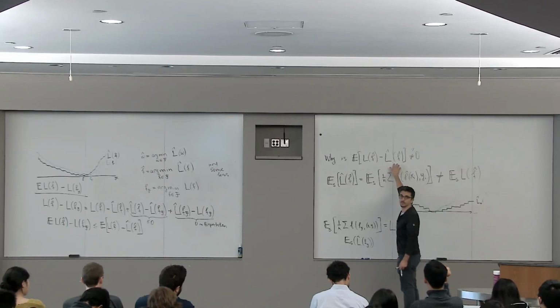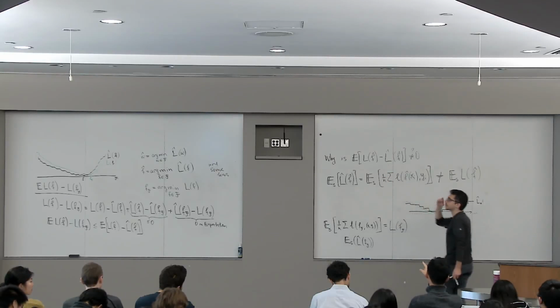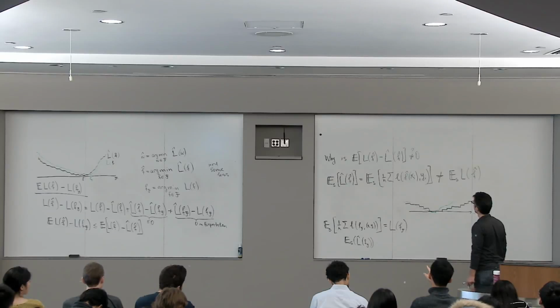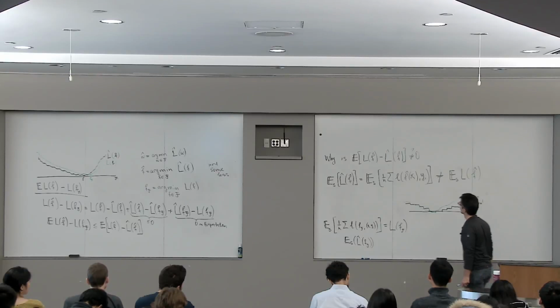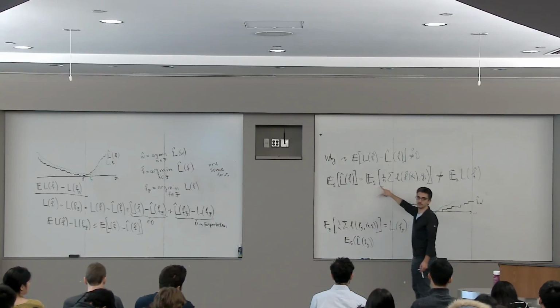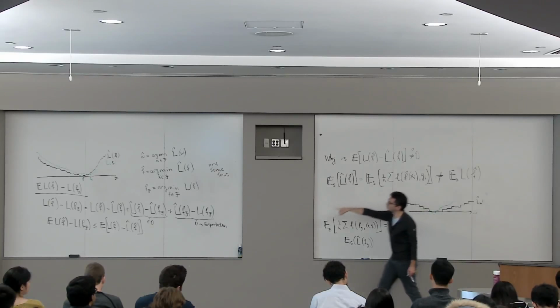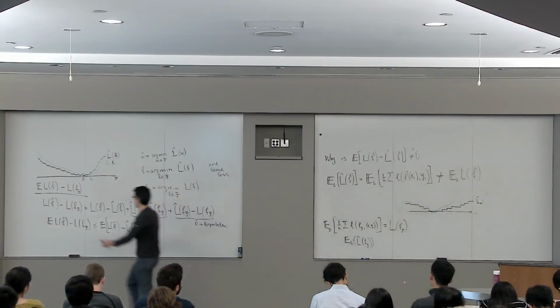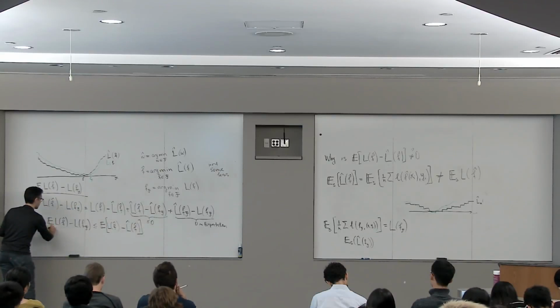Yes. Notation question here, the second line is expectation. This expectation is with respect to the data set. Yeah, because we took expectation here with respect to the data set, right?